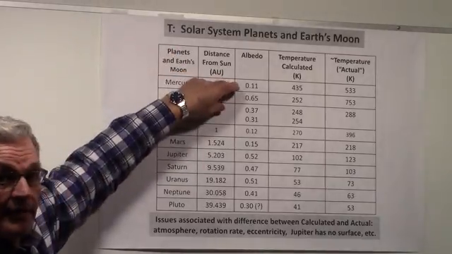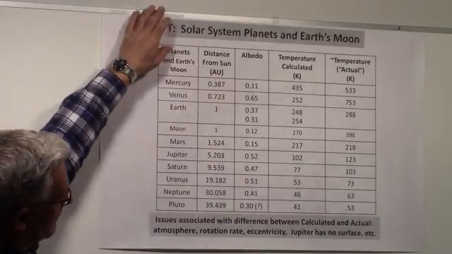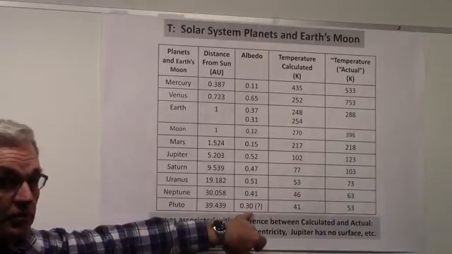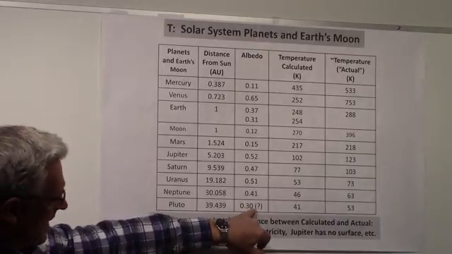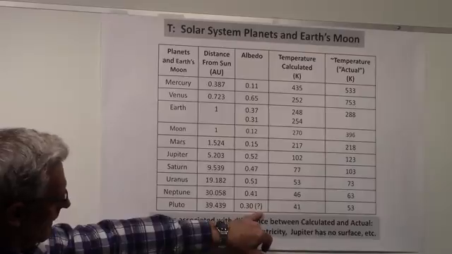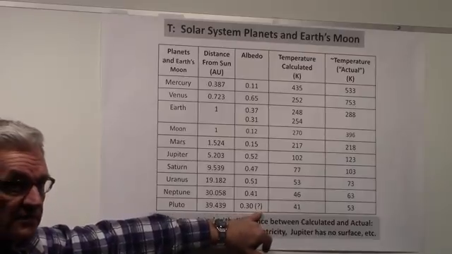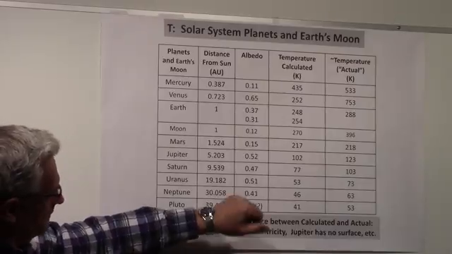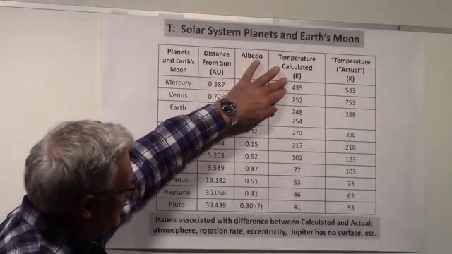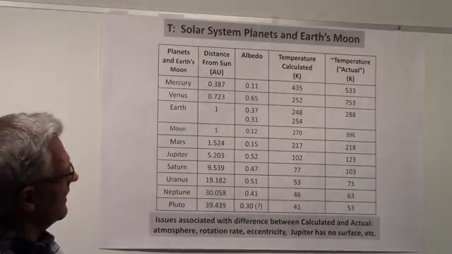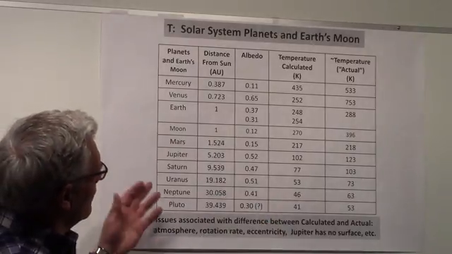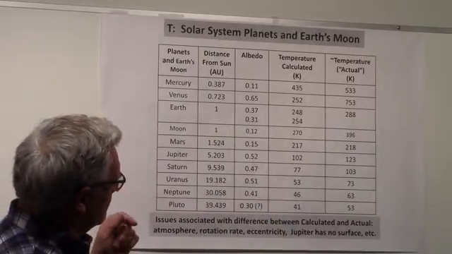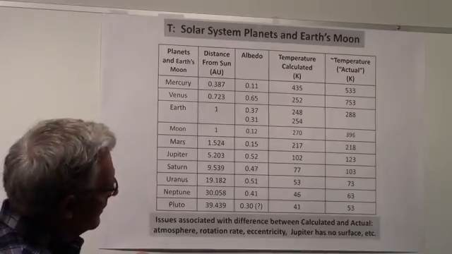And then we show the albedo. This is the albedo that would be used. The albedo for Pluto is not that well established, although maybe with the New Horizons spacecraft visit, maybe it is. So I'm using an older value. And then these are the calculated temperatures for all the planets. Mercury, Venus, Earth, the Earth's moon, all the way down to Pluto.